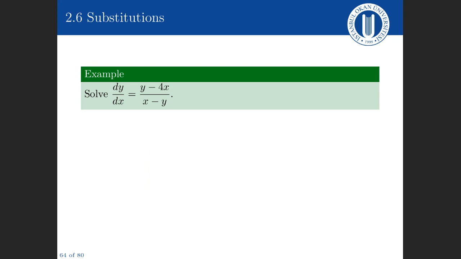For example, solve dy/dx is equal to (y minus 4x) divided by (x minus y). This is a homogeneous equation, which you will see if we divide by x to write this as (y/x minus 4) divided by (1 minus y/x).